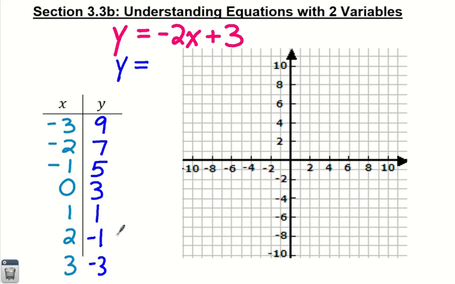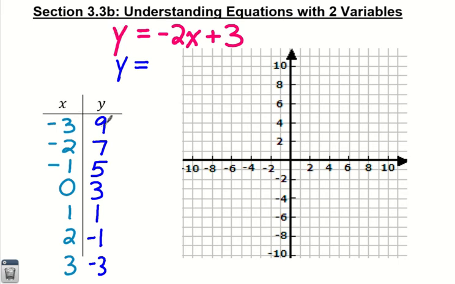Yeah. So these are random, but they're not so random, I suppose. You could really plug in any number you wanted for x to get a y value that would go with it. So if x equals something, then y will equal something.